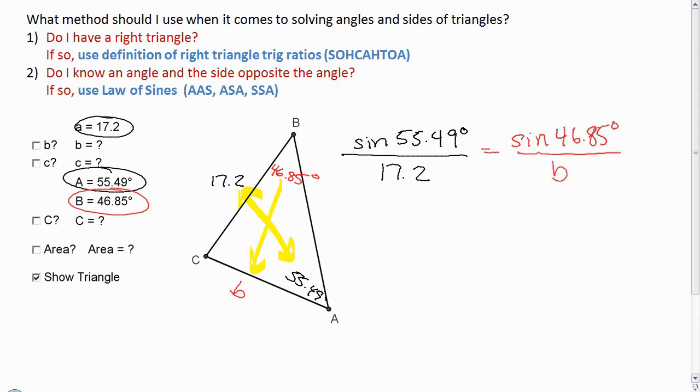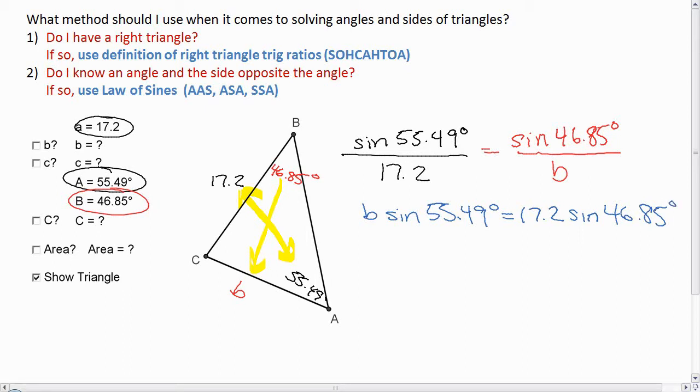If I do some basic cross multiplying, B sine 55.49 degrees is equal to 17.2 sine of 46.85 degrees.